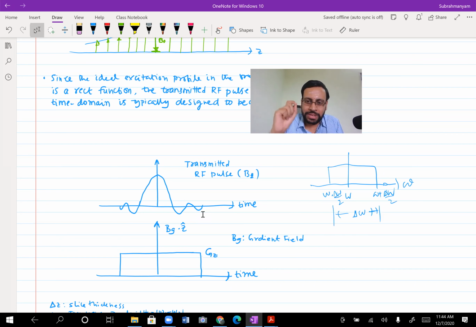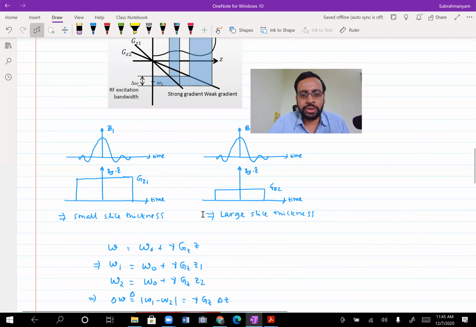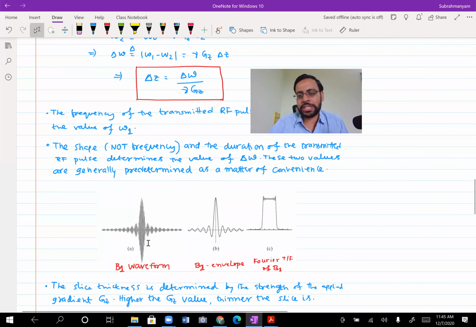But where is this frequency coming from? I want a particular Z location to resonate with a particular frequency. And how do you do that? Again, I did not explicitly want to go into any math of it. I would rather stop here with a good intuition. If you are getting a good intuition, anytime you could go back and work it out if you need to do more. So I'm not going into the mathematical expressions for it, but it is something like this.